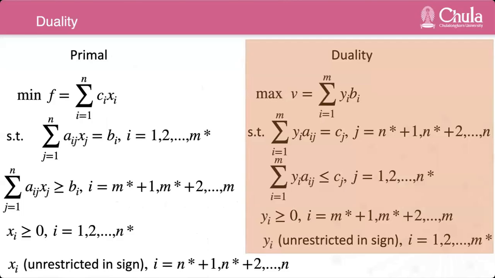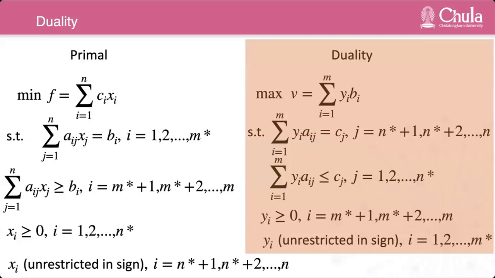So let us compare primal and duality. We have the primal problem in this form, minimize something, where we have a set of constraints, Aij xj equal Bi and Aij xj greater or equal Bi. Once we convert it to duality, from minimize, we obtain maximize of Yi bi. Where is B from?